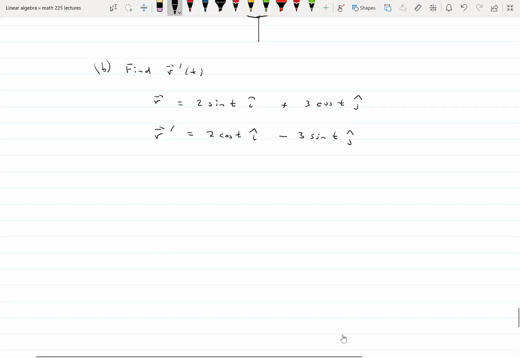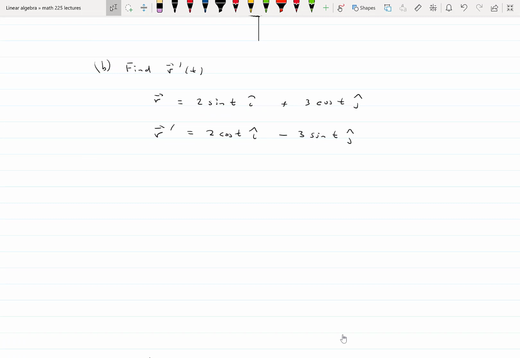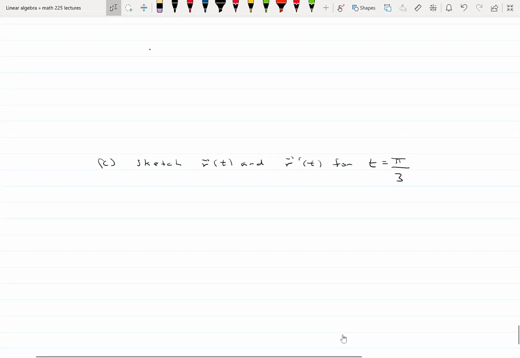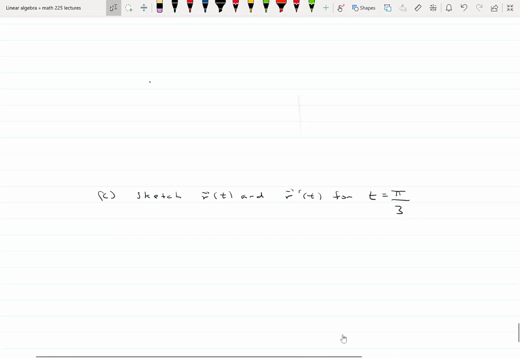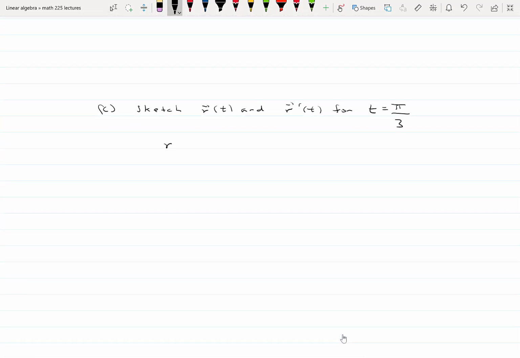Okay, pretty straightforward. So next part, here's where it gets a little more interesting. Sketch r of t and r prime of t for t equals pi over 3. Well, r prime of t was 2 cosine t i minus 3 sine t j.